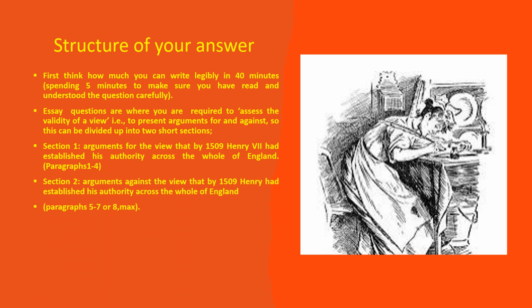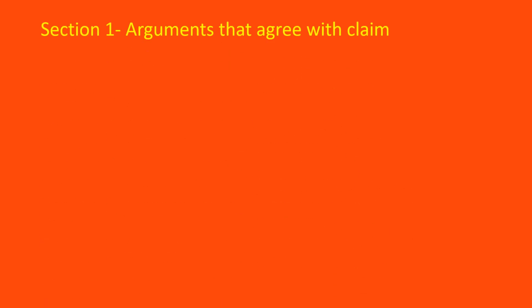Then in section 2, the arguments against the view, and those would be paragraphs 5 to 7 or 8 max. Like I say, for most students it's difficult to write legibly more than 2.5 to 3 sides of A4 in the exam. So in section 1 you write about 1 to 4 paragraphs and present arguments that agree with the claim.